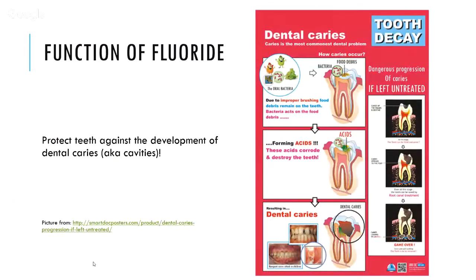So the function of fluoride is to protect teeth against the development of dental caries, which are also known as cavities. So this diagram over here kind of briefly explains how cavities are formed. There's bacteria that's constantly in your mouth. It's on your teeth, in your gums, on your tongue, your cheeks, everywhere. So if we don't brush and floss properly, this bacteria grows and becomes a huge problem.